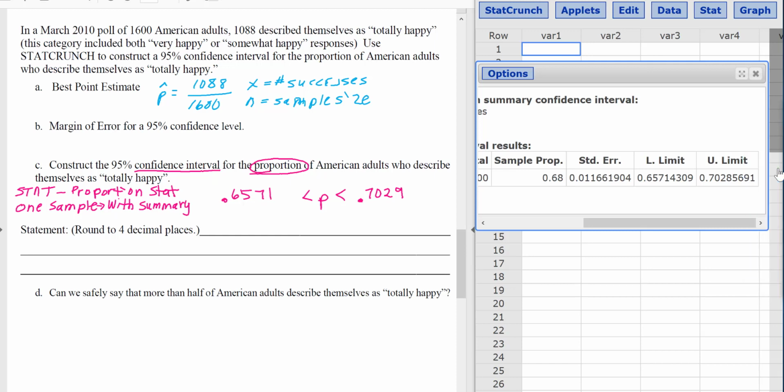Our statement's going to say, we have to state how confident we are.